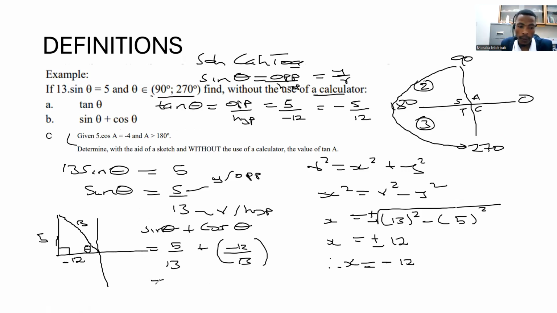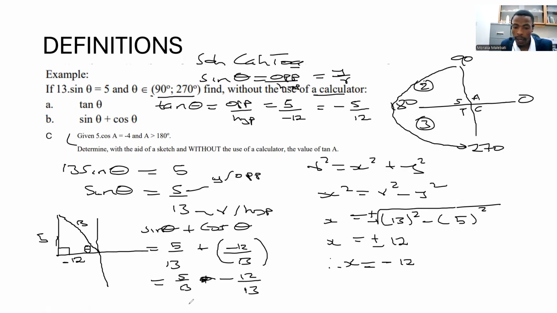They said without the use of a calculator. So you can say 5 over 13 minus 12 over 13.